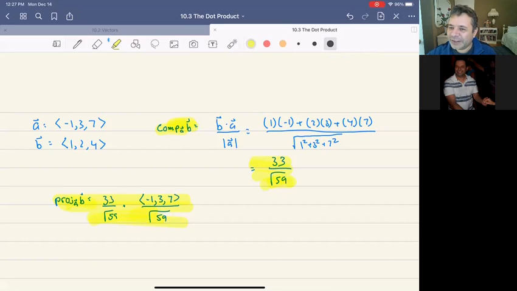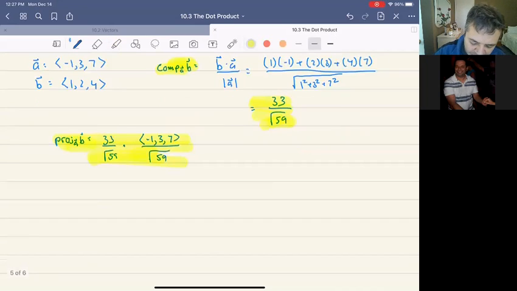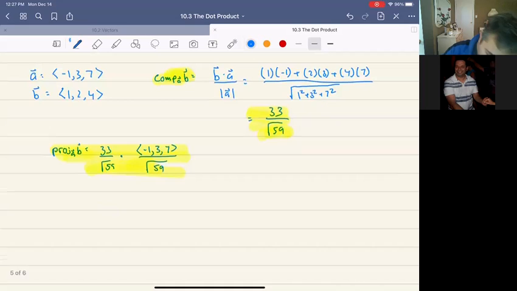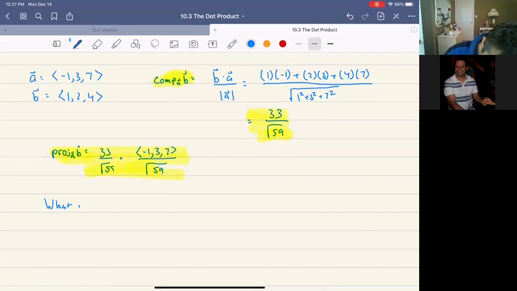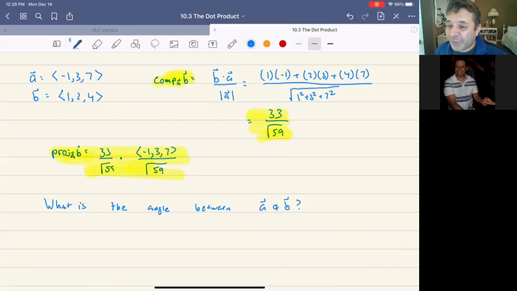Just for fun, let's take the angle between A and B. I really want to make sure we understand that. The angle between A and B is defined by this inner product.